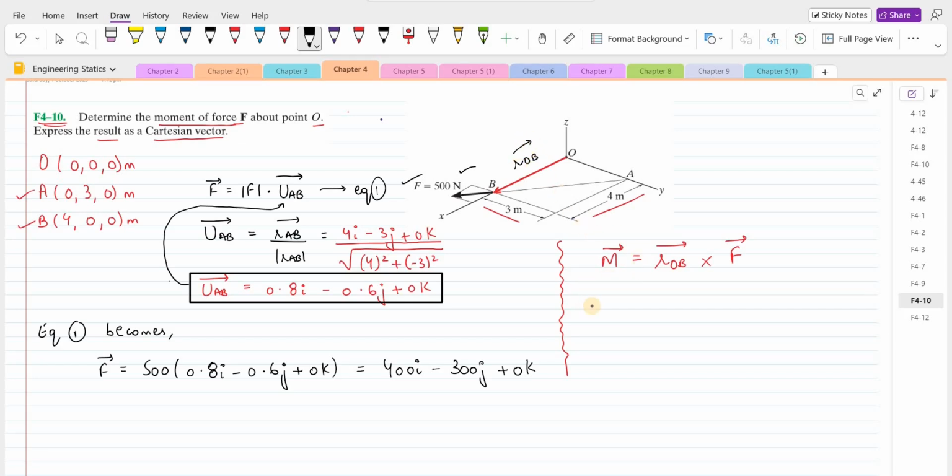So now we have to find the position vector r_OB. The position vector r_OB is basically the coordinates of point B minus the coordinates of point O. So we have 4i plus 0j plus 0k.